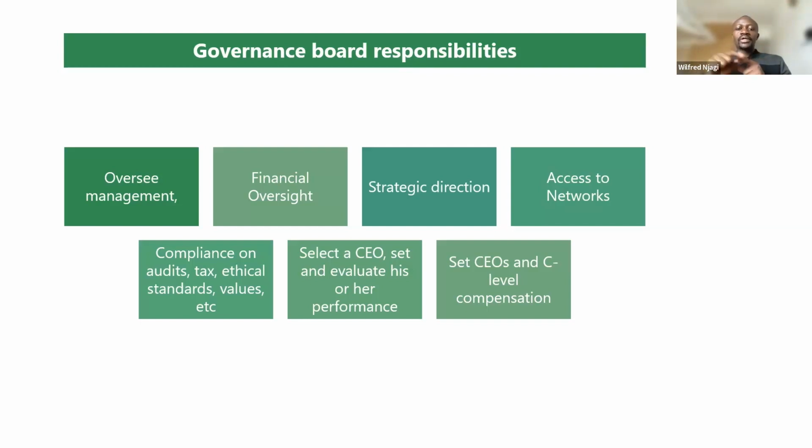The governance board can also set the compensation level. They can also set the C-level compensation. They can say, from this level to this level, this is how much we've allowed you to pay yourself. And that's the governance board. So you can see a governance board is quite tight. They have much more mandate because they are actually directors in your company.